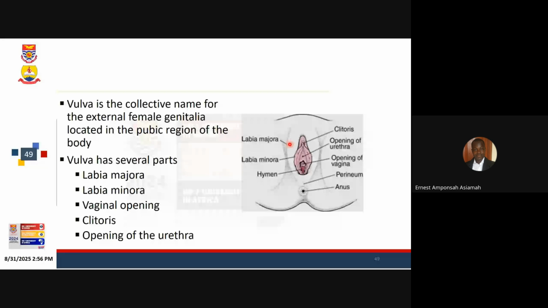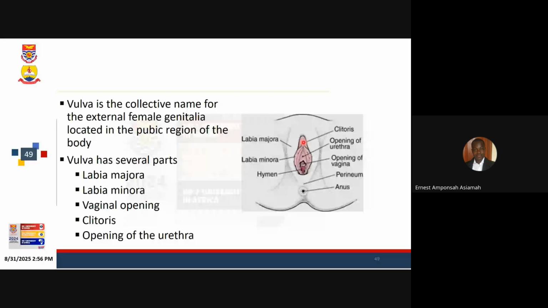Now, the external genitalia has an outer region, which usually has hair growing on it, and it is a fatty, bulky region. We call it the labia majora.